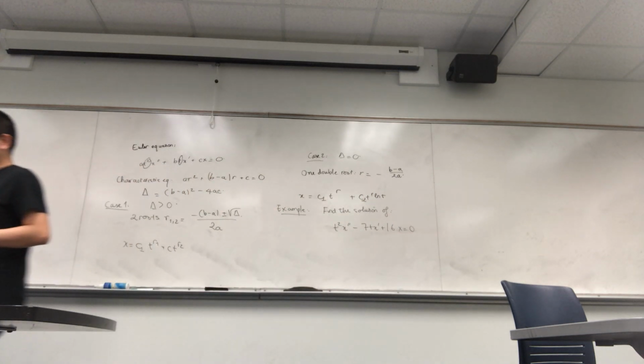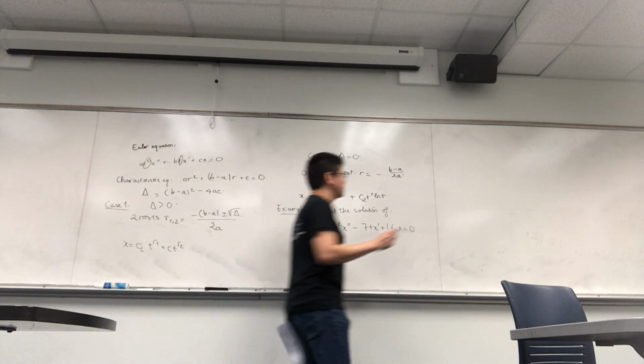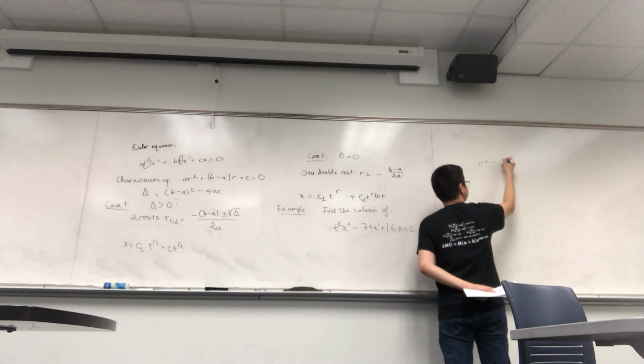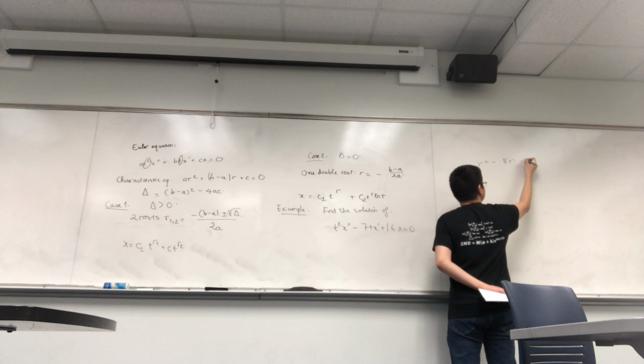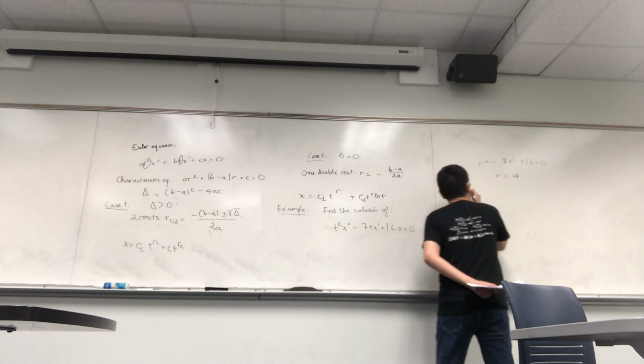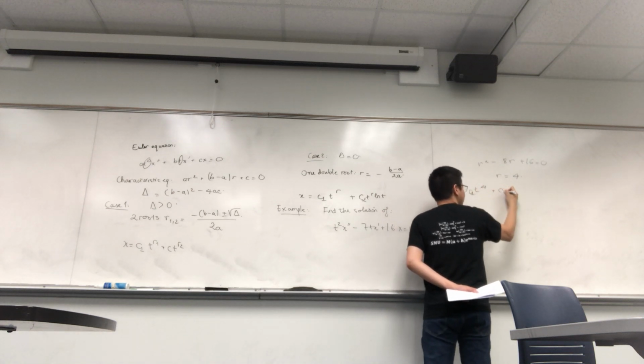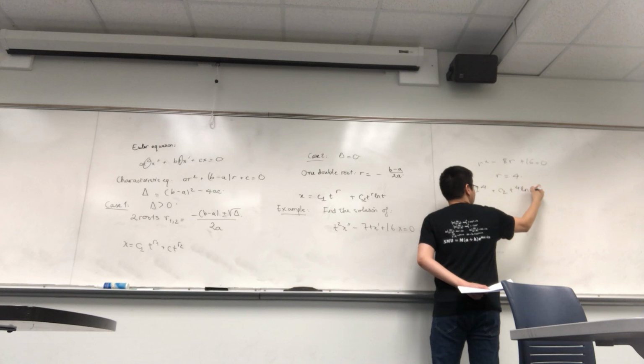So what is the characteristic equation of this equation? R squared minus 8r plus 16. So this is r squared minus 8r plus 16 is 0. So in this case, you have one double root 4, and the solution will be c1 t to the 4 plus c2 t to the 4 log t, all right?